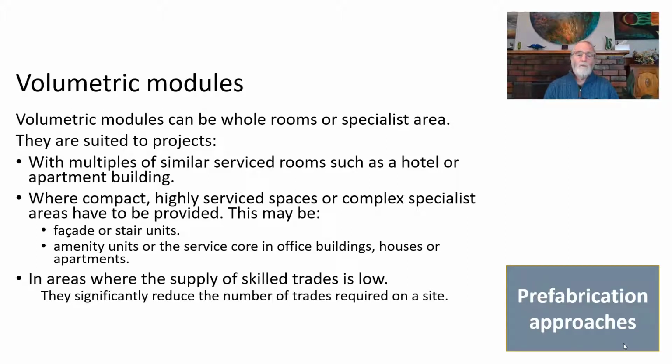They're also highly useful in areas where supply of skilled trades is low. So if we know we've got an area where plumbers are hard to come by or tilers are hard to come by, then we want to prefabricate those components where those skills are available, and then we can reduce the number of trades we need on a site.